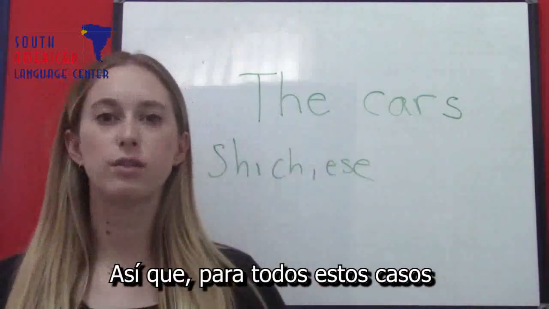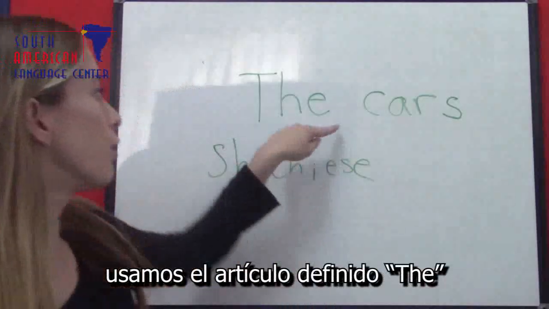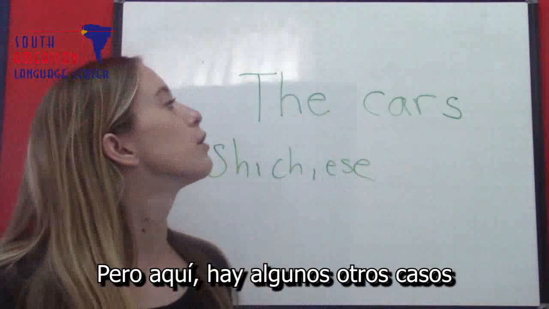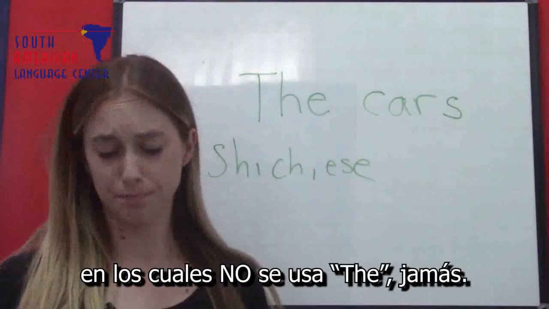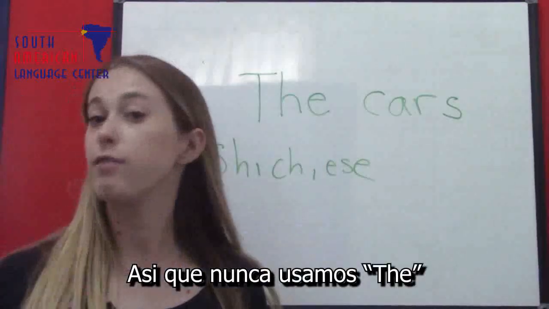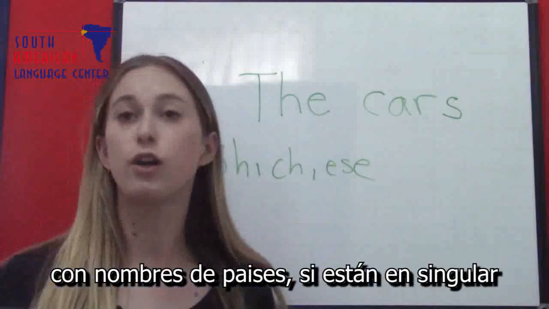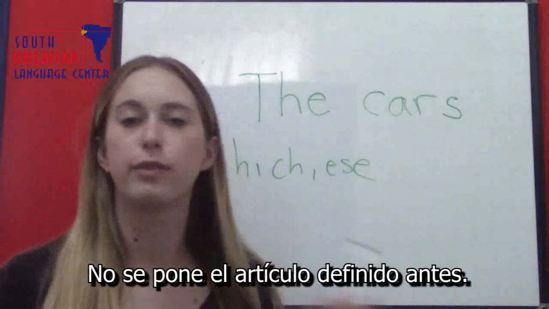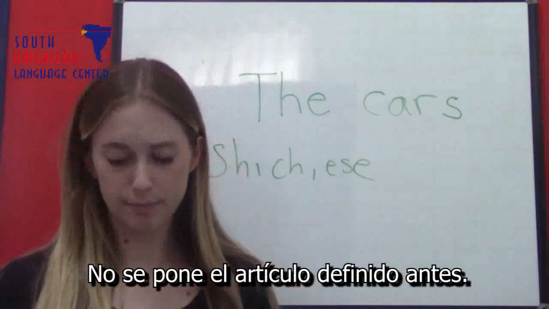So for all of these uses, you use the definite article the, but here are some other cases where you don't use the ever. So we never use the with the names of countries if singular. So you only say Ecuador. You don't put the definite article beforehand.